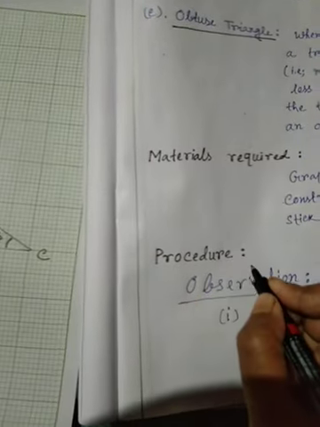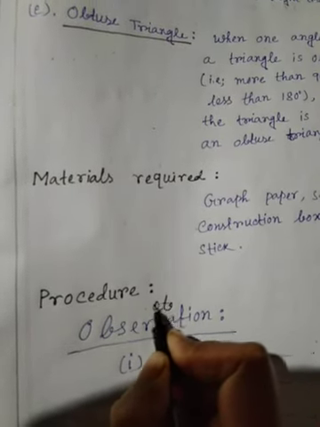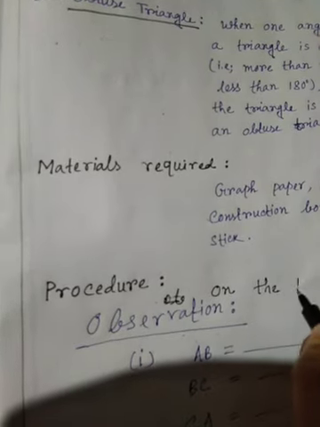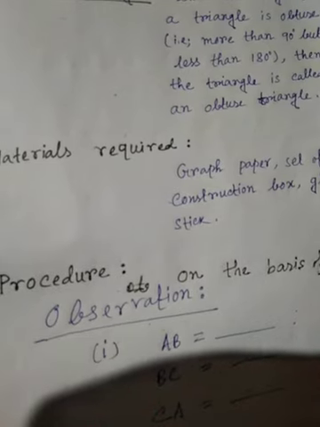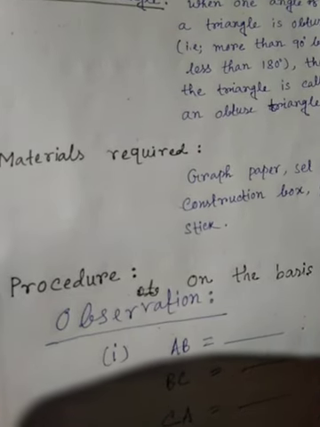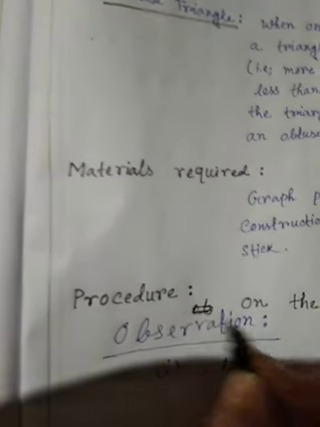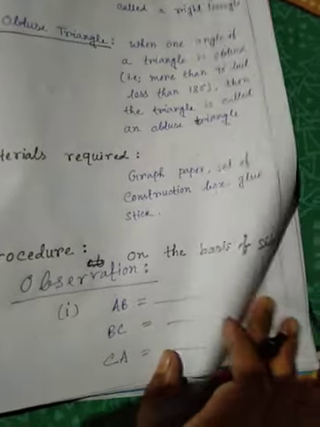Okay. So previously we have written the observation, and it will be better if we mention over here on the basis of sides. So we can write it this way: on the basis of sides, these 3 we have got.